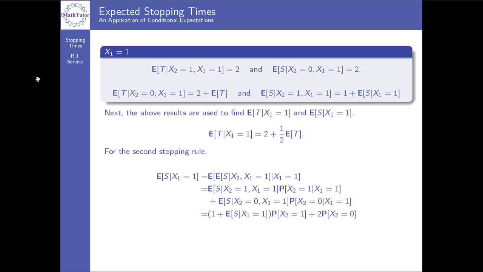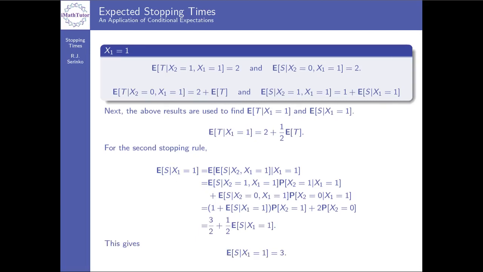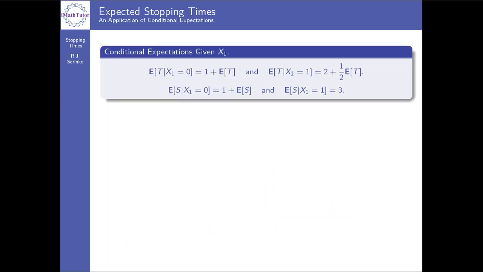We can then substitute from the above expressions and substitute for the probabilities, and we arrive at the expected value of s given x1 equals 1 is 3. So here we have, again, a summary of the results so far.